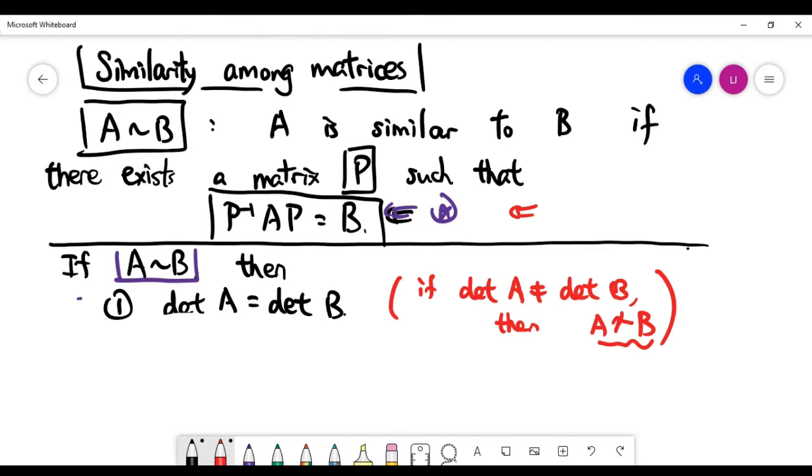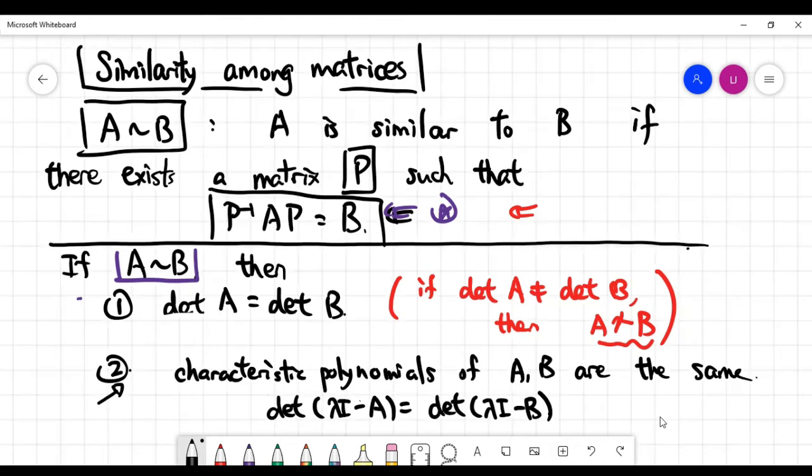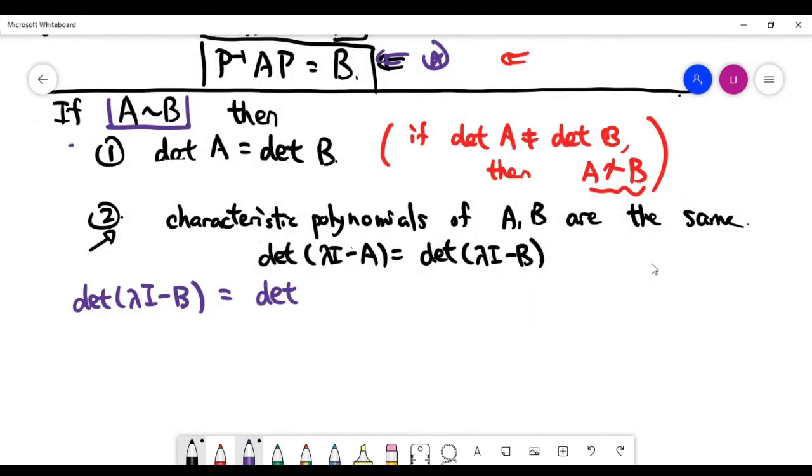And let's look at further invariants here. I'm claiming that the characteristic polynomial of the two matrices must be the same if they are similar. And can you prove why it must be true? I can actually start with the right hand side, then plug in the blue star equation for B. It means I can write it like this, right?